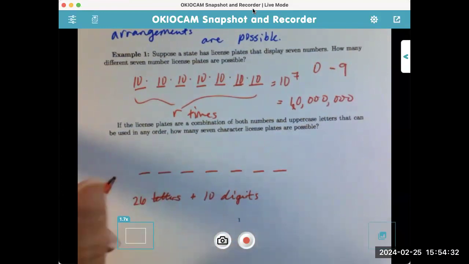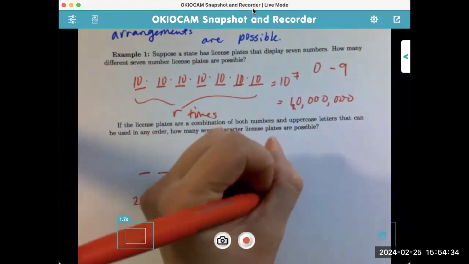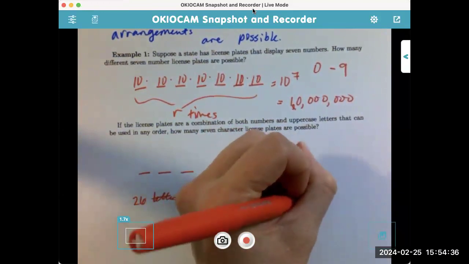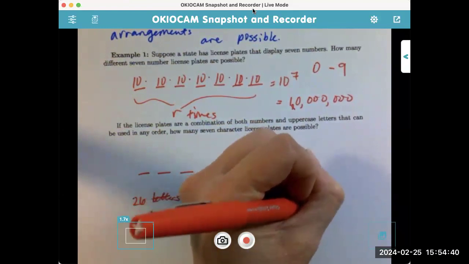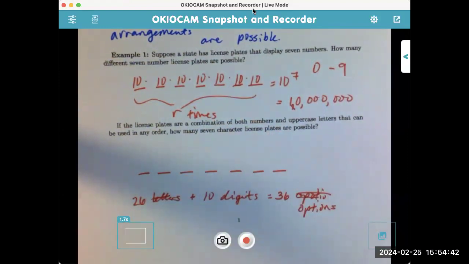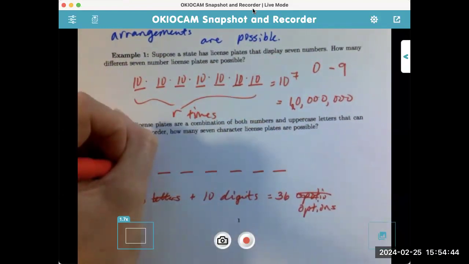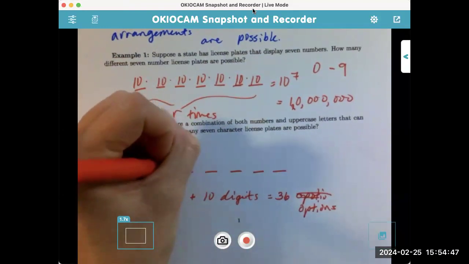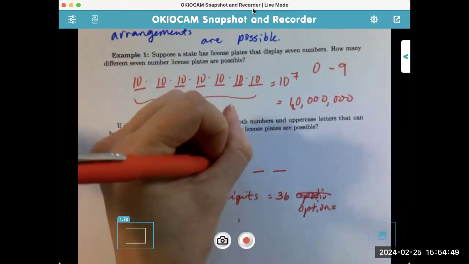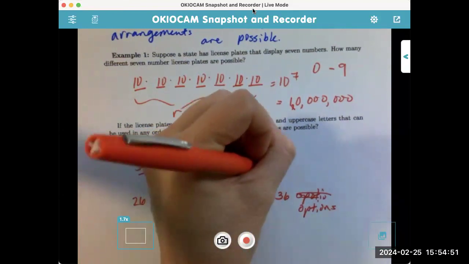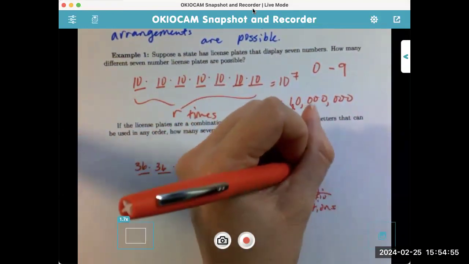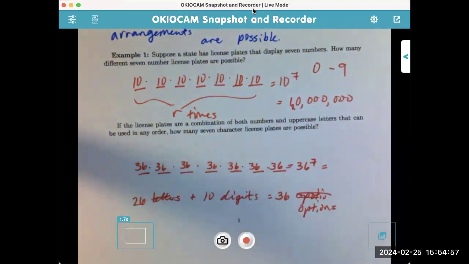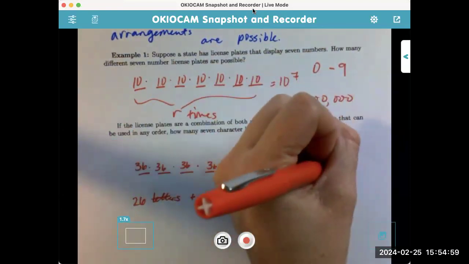That means 36 options. So this is 36 times 36, 7 times, or 36 to the 7th power. And if you pop it into your calculator, oh boy, big number.